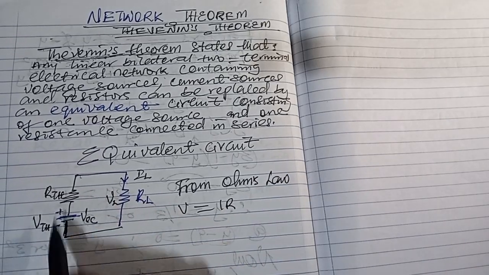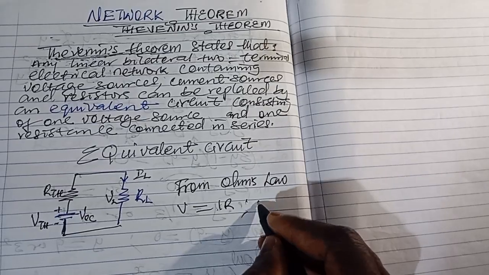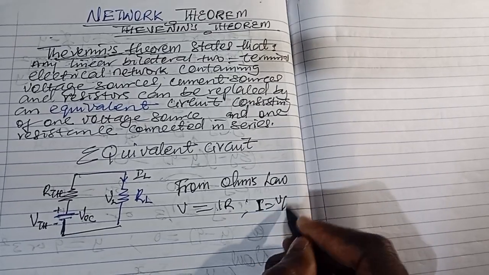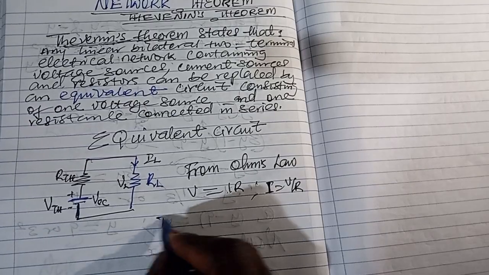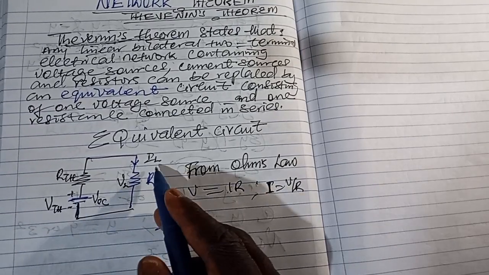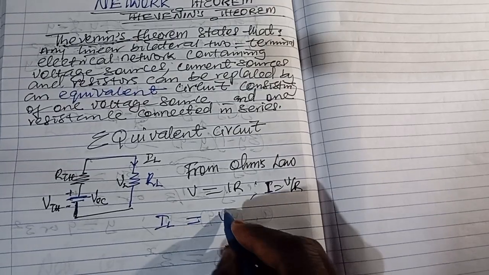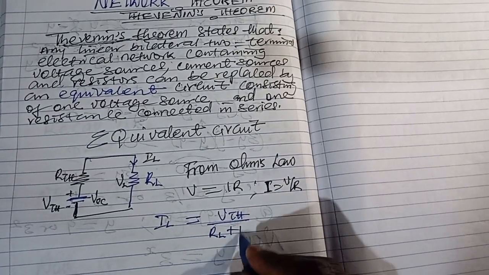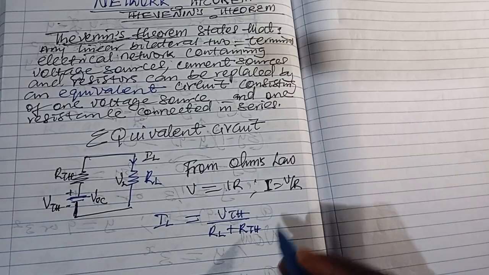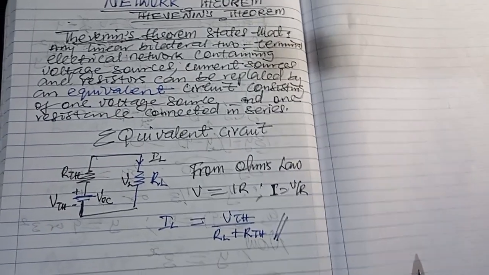Since these are in series, to find I here, I will be V over R. So since they are in series, we now have that IL, which is our load current, that is the main thing we are calculating here, will be VTH divided by RL plus RTH. So this is the formula for Thevenin's theorem.